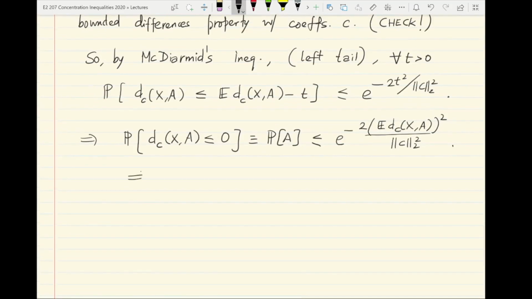This is the same as saying that the expected value of dcxa, if you invert this expression, is at most the square root of norm c square by 2 log 1 by p of A.